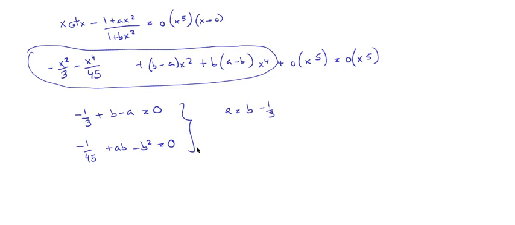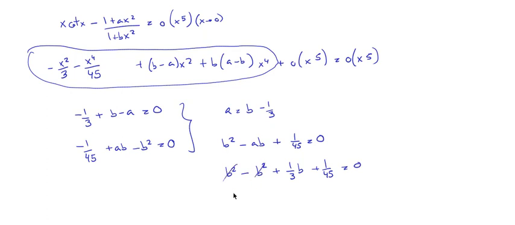And so here we have b squared minus ab plus 1 over 45 equals 0, and this is equal to b squared minus, and then we have a times b minus b squared, right, plus 1/3 of b, yes, plus 1 over 45 equals 0.